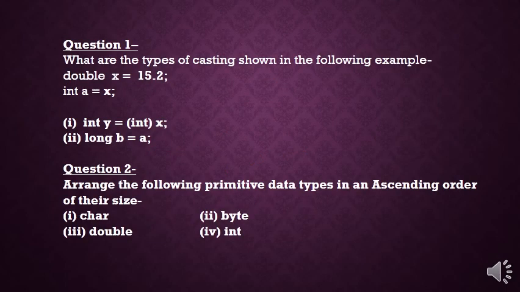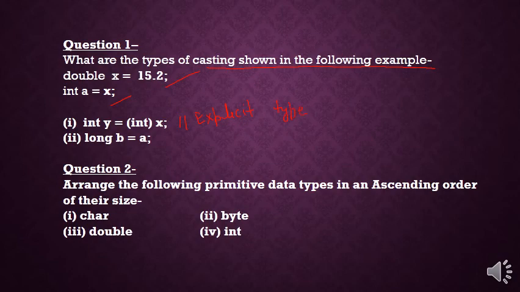Here is a children question number 1. Question number 1 is, what are the types of casting shown in the following example? So double x equal to 15.2 and int a equal to x. So here is what? int y equal to (int) x. So which type of typecasting is it? Explicit typecasting.